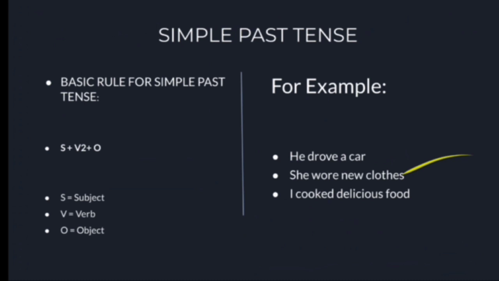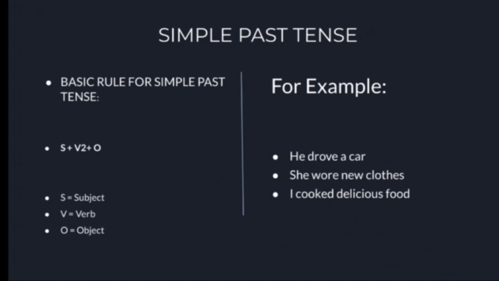So we know what the specific time is. And when we don't know the specific time, then we use for. For example, I have been learning English for 2 years. Or if I specifically say this sentence, I'll be saying I have been learning English since 2021.